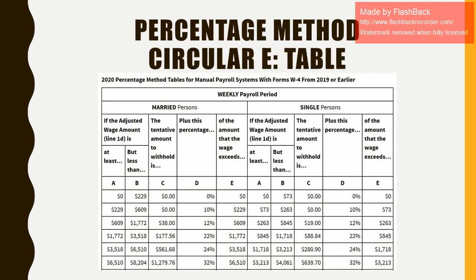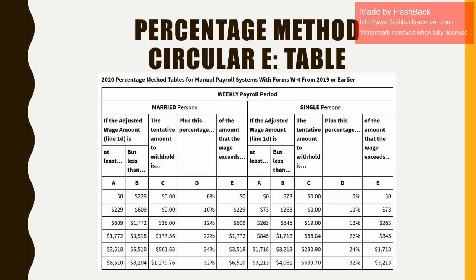So using the Circular E, again, we're going to look at weekly. She's single, and she made $520. Did she make more than 263? Did she make less than 845? Yes. So for this one, we're going to go through steps A, B, C, D, and E.